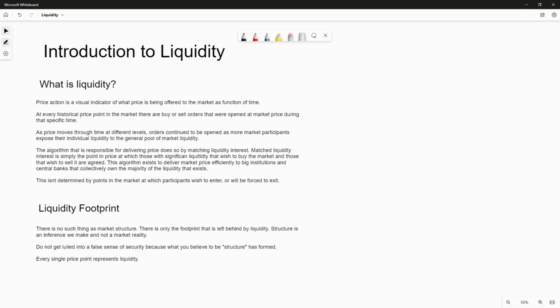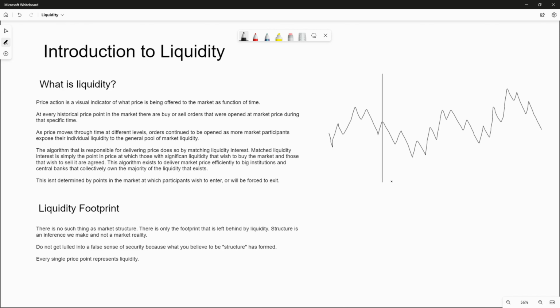Now, at every historical price point in the market, there are buy or sell orders that were opened at market price during that specific time. So just to give a visual, with the price action that we're all used to seeing, as price trades and moves around and does its thing, market participants are being offered particular prices at certain times, and they are placing orders either buy or sell into the market at every price point along here.